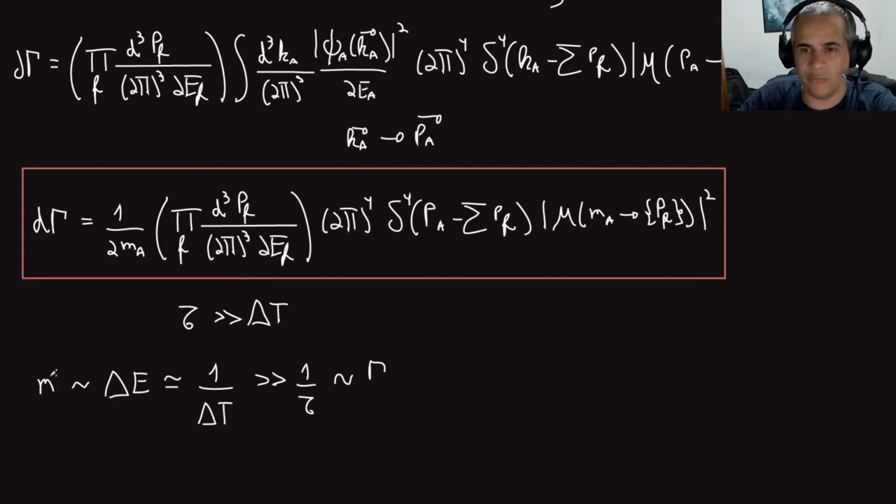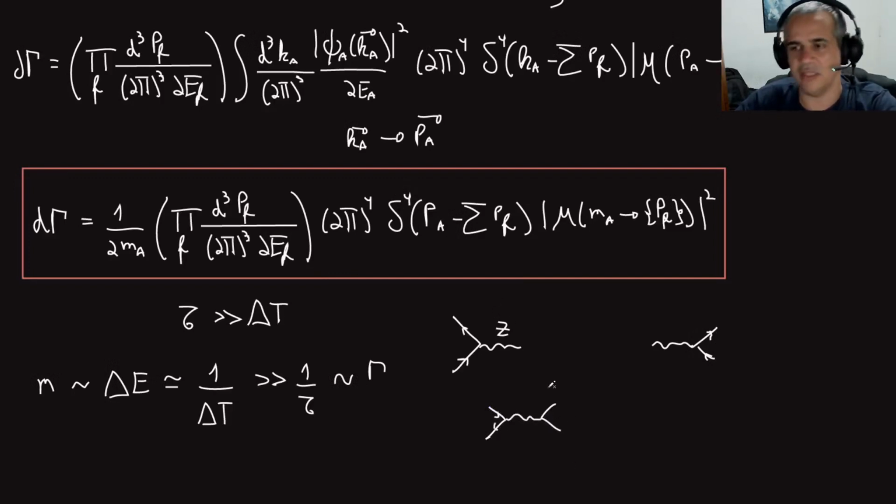We'll see that when this is not true, when the width is large compared with the mass of the particle, then it does not make sense to actually talk about width. So have in mind here that I did that for the Z. I made a separation between the production of the Z and then the decay of the Z. For some particles, depending on this relation, this does not make sense, and what you actually calculate is this.